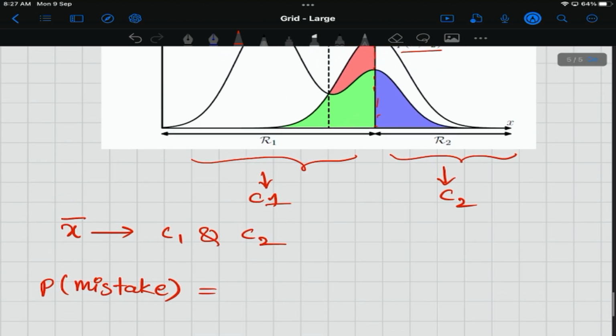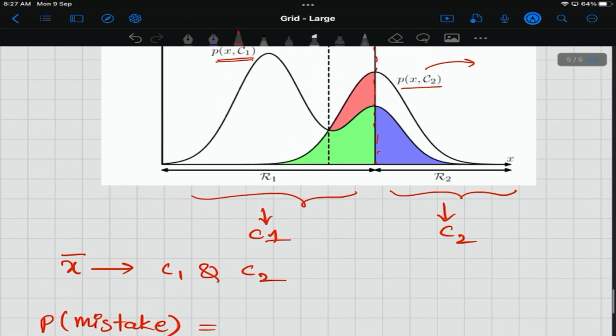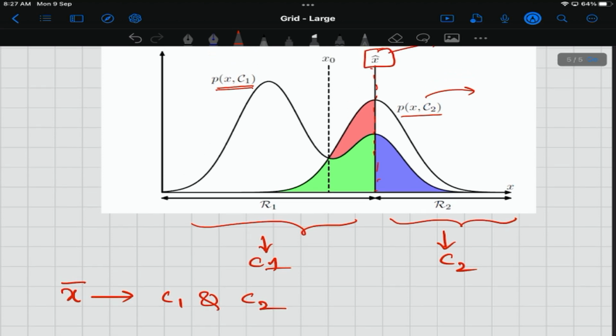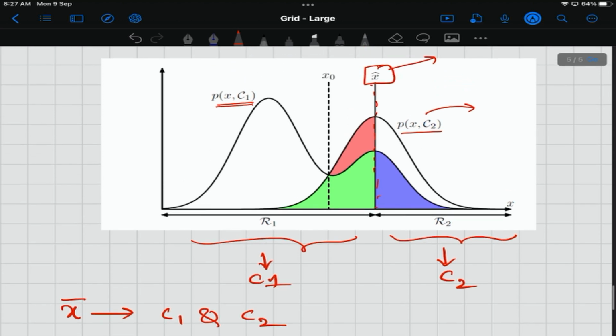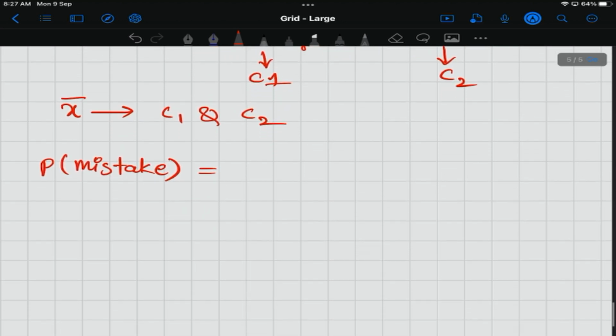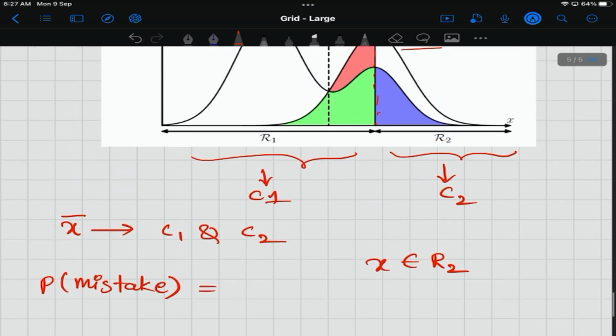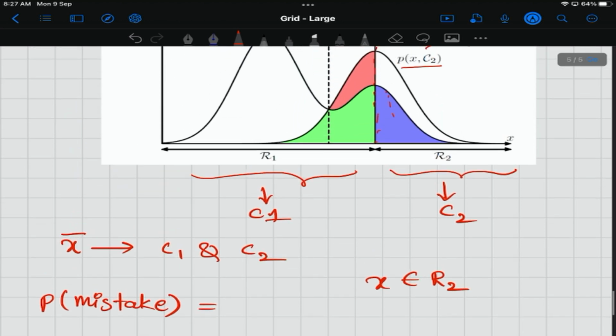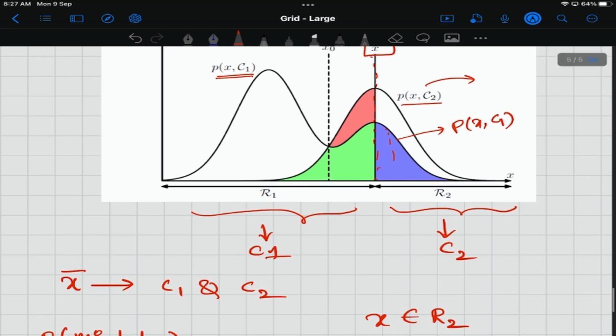How will we do that? Suppose a data point is in region 2, but it may still be coming from the distribution C1, because my P of x comma C1 is also there in my R2.